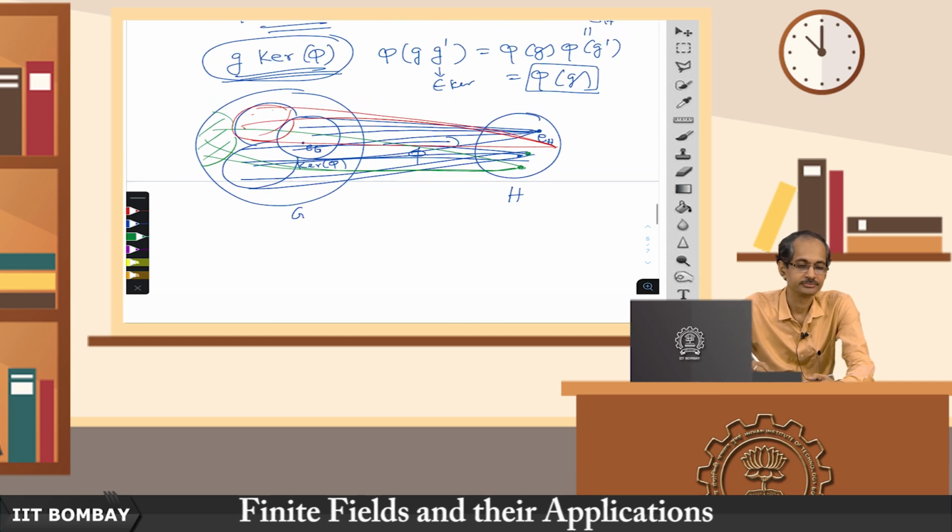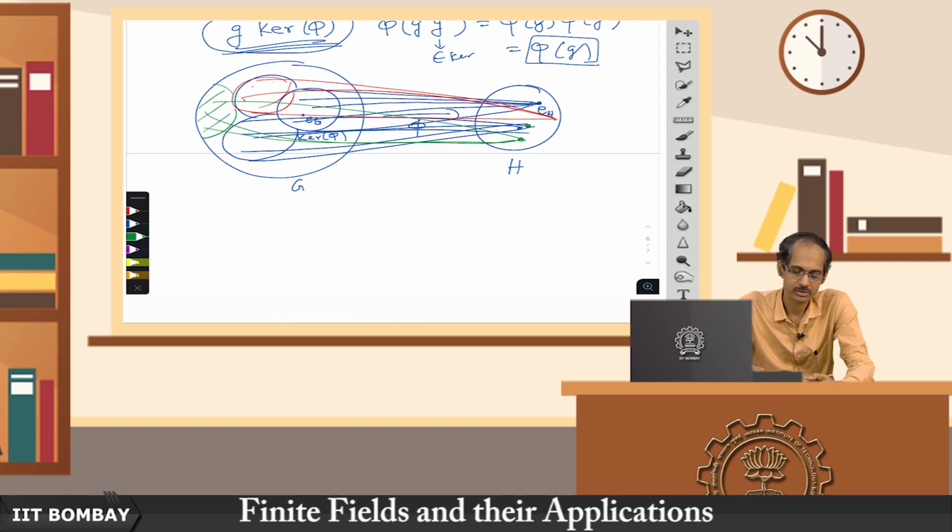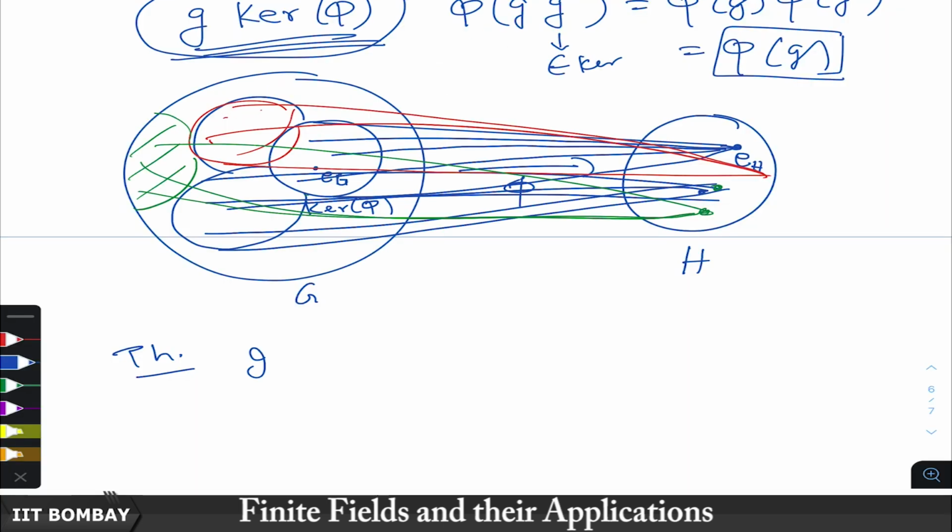So this visualization also defines a map. Let me state it like this. If this is a normal subgroup, not only the kernel, actually for a given map there are these cosets, then this kernel is a normal subgroup, and this defines a mapping of the cosets, the quotient group.